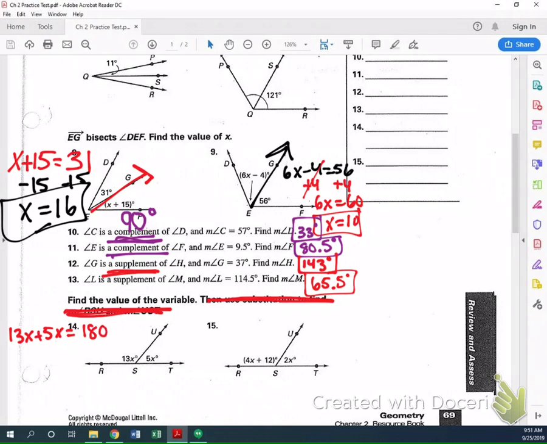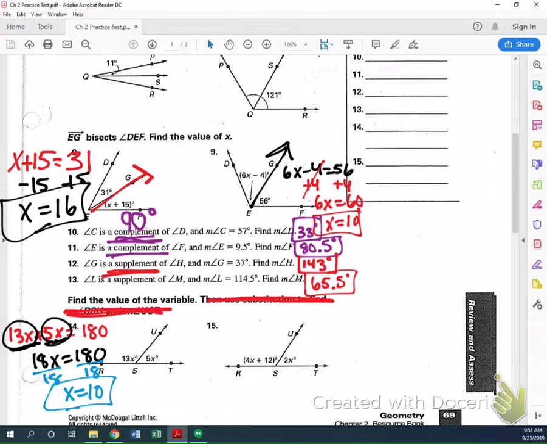Then what? Oh, careful. They both have x's. And 13x plus 5x. Yeah, so we can combine these. 13x plus 5x is what? 18x. And then we do what? Divide by 18. Good. So x should be 10 in this case.